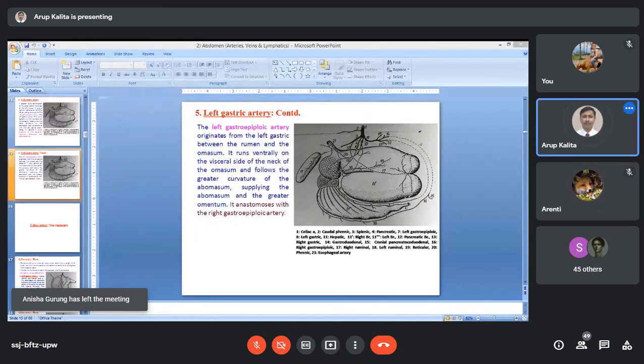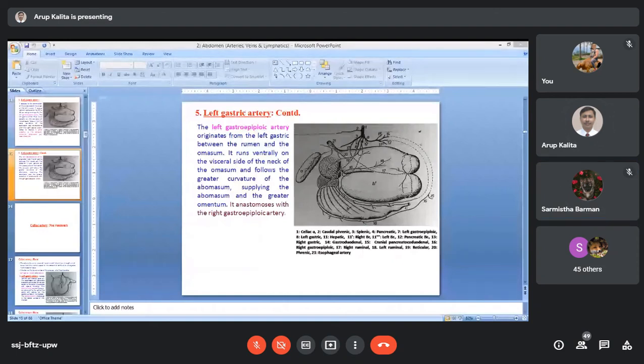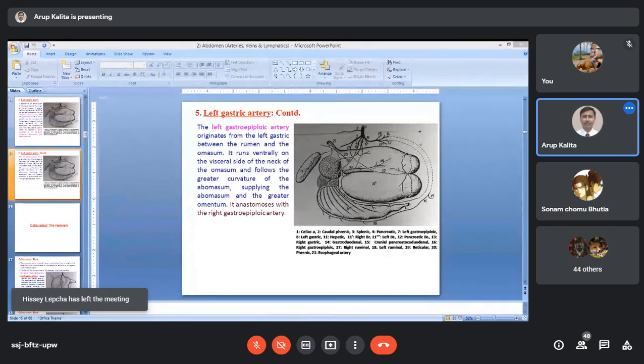They are all leaving. Sarmista Burman, yes, sir. Clear? Sonam Bhutia, yes, sir. Clear or not? Okay.